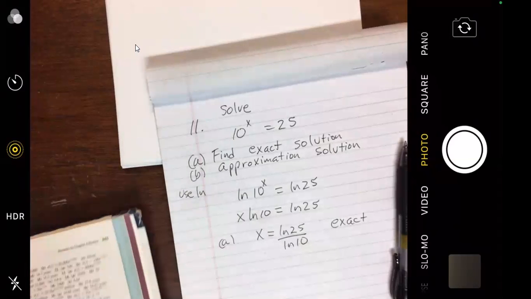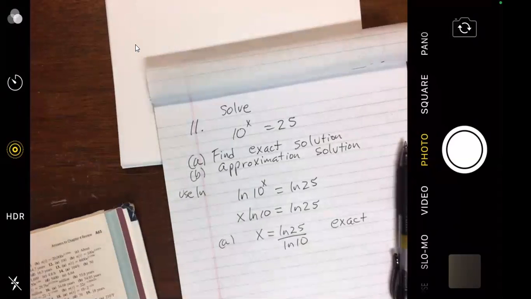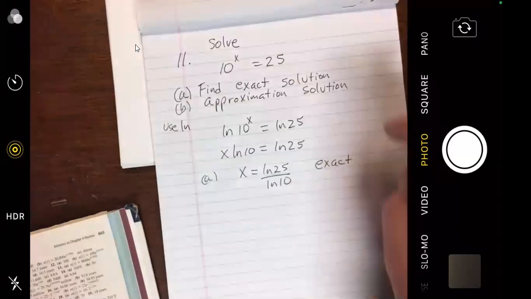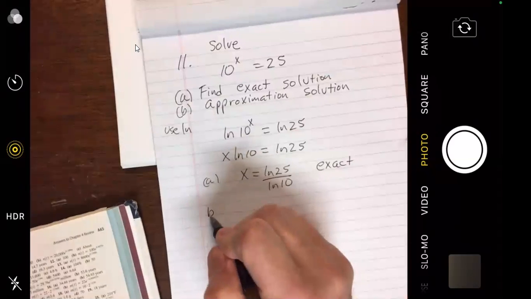Okay, so this is where things get, I mean, different people can write them different ways. This is the way I do it. Let me get an exact, and that'll be the easier way.